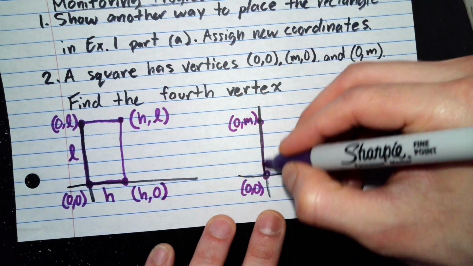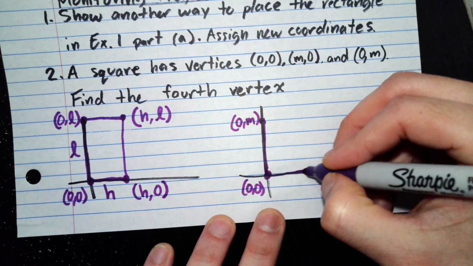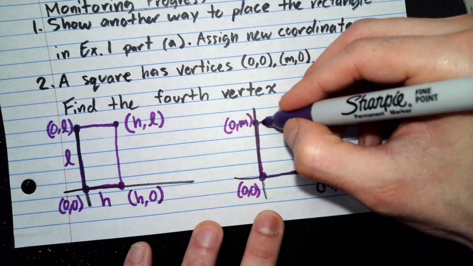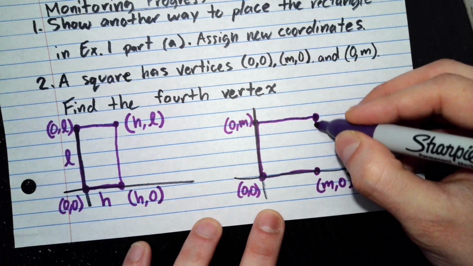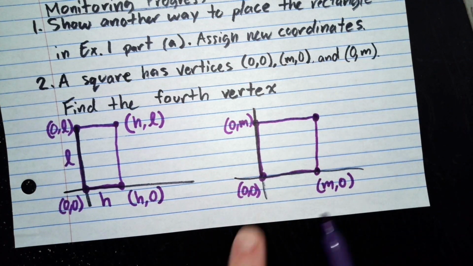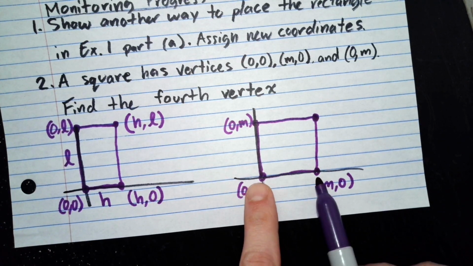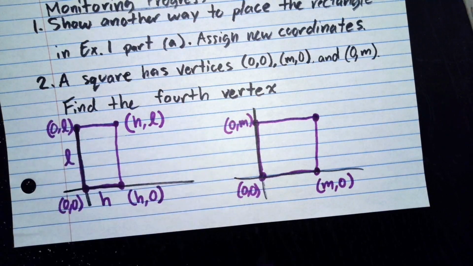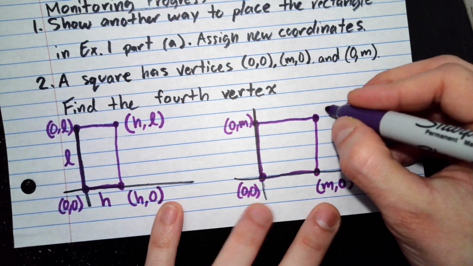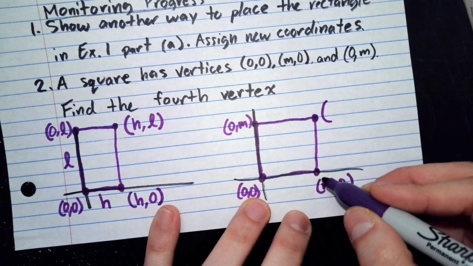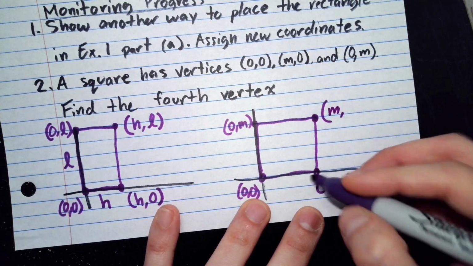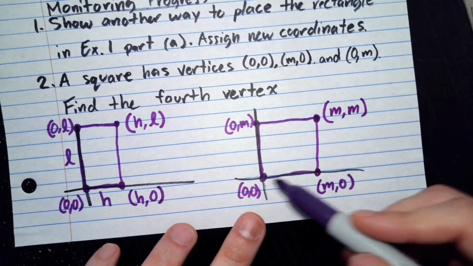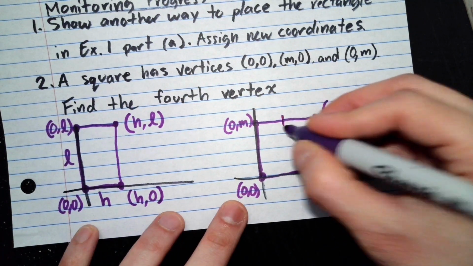If we connect these to make a square, the only one that we're missing is the top right corner. Because I know that my x value from here to here is M, and my y value from here to here is M, this coordinate has to be x equal to M and y also equal to M. Because this is a square, every single side has to be congruent.